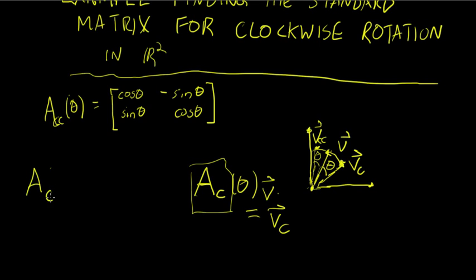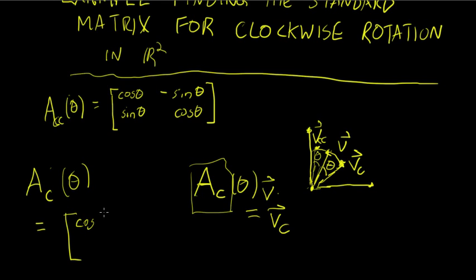So we can call this matrix A sub c of theta equal to, well, if you recall, rotating an angle theta clockwise is equivalent to rotating an angle negative theta counterclockwise. So we can actually just plug in negative theta wherever we have theta in this counterclockwise rotation matrix.